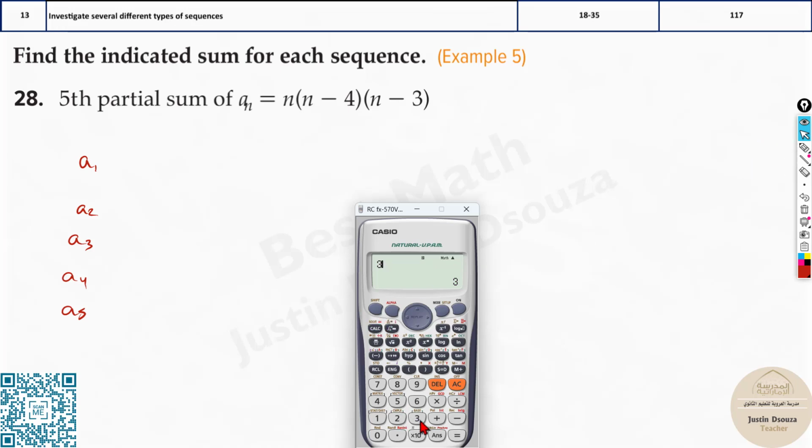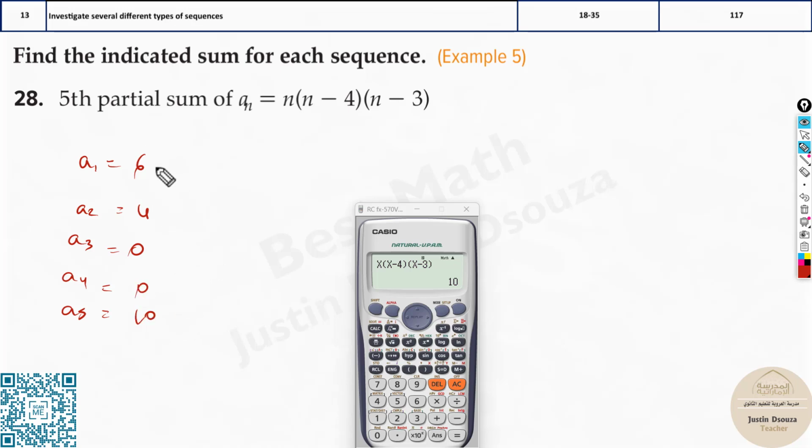I should have written it down. Let me just write it down over here. So we are getting 6, 4, 0 over here. Calculated at 4, you're getting again 0. Calculated at 5, we're getting 10. So we got 2 zeros here and then 10.